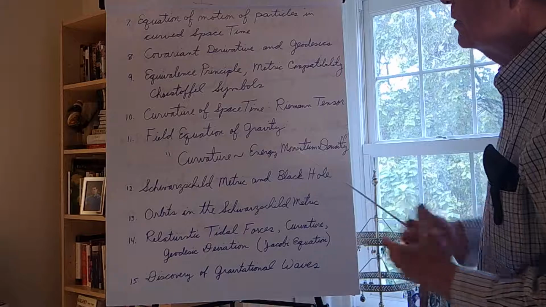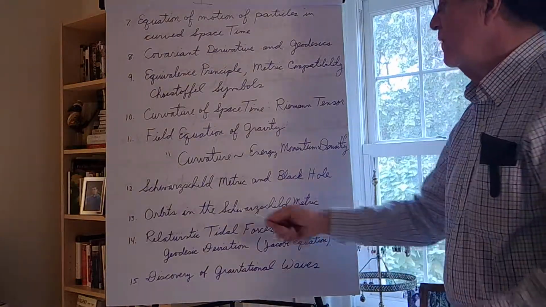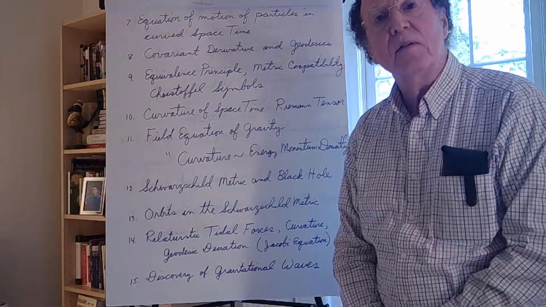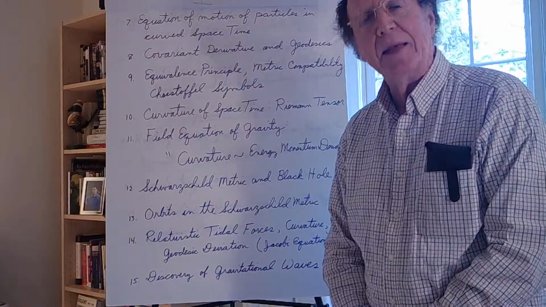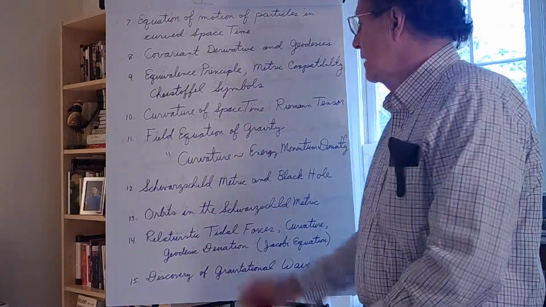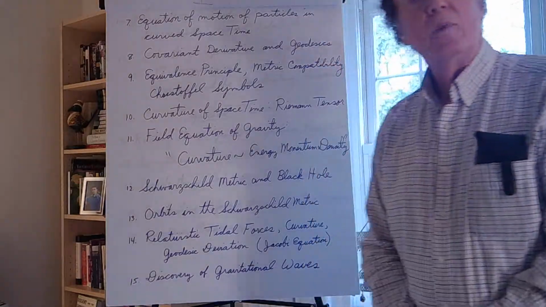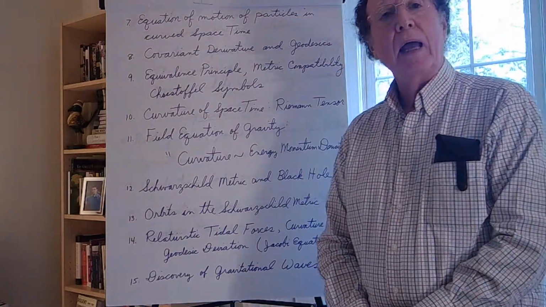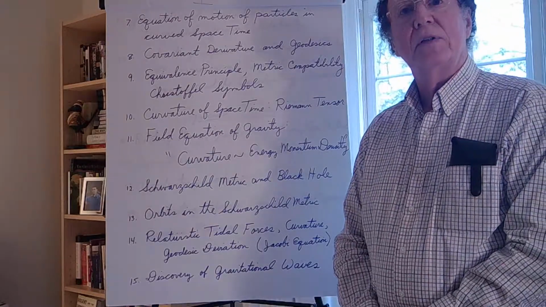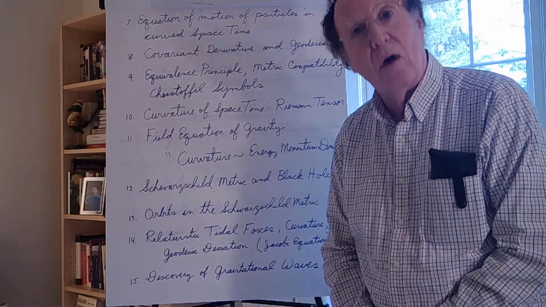Okay, now we want to turn to some classic exact solutions, and the first one, naturally, is to look at a spherical body, which is static, and calculate the space-time around it. That's the Schwarzschild problem and the Schwarzschild metric. Okay, and we'll do that. Okay, and then we'll find that if you can make a body with sufficient mass and sufficiently small enough, you'll create a black hole.